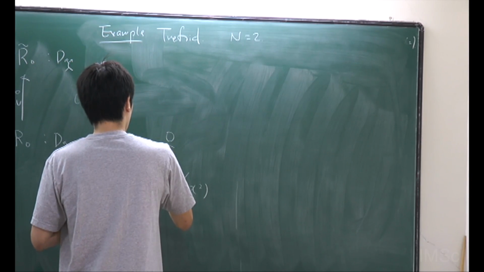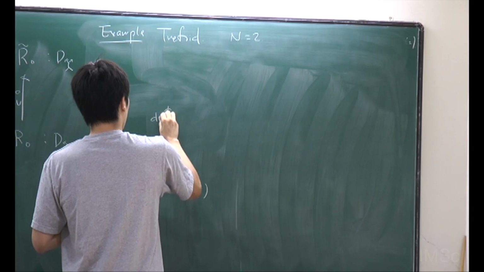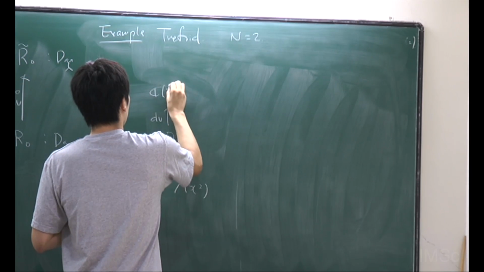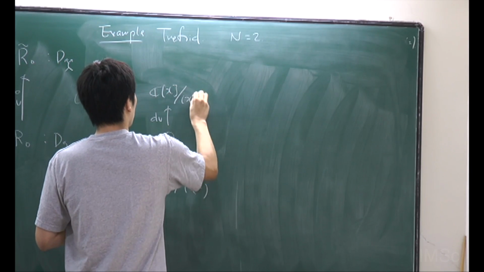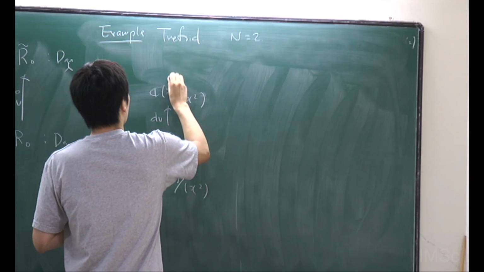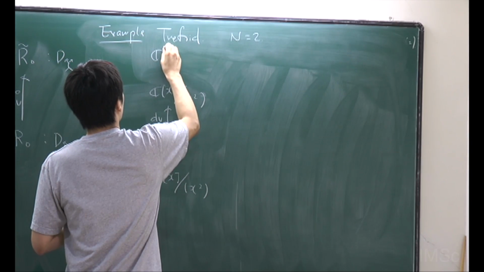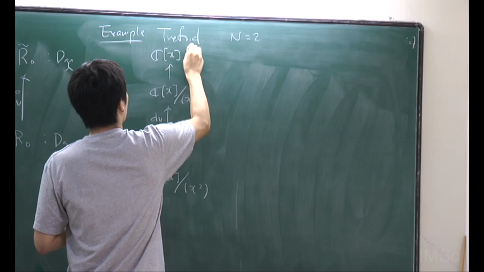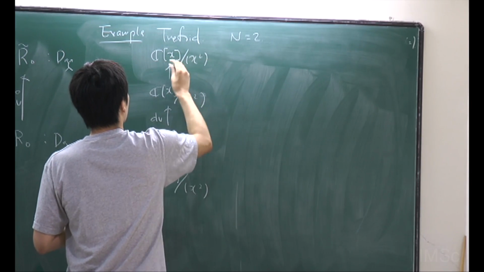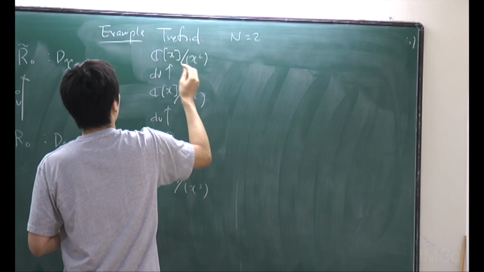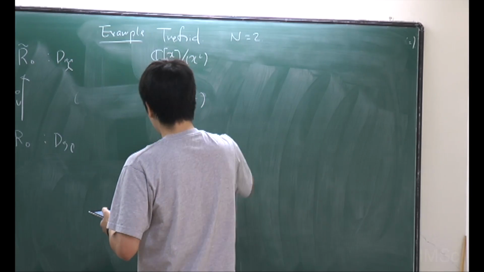So this dV and dV, C[x] squared, C[x] squared and dV. And you just get 0.